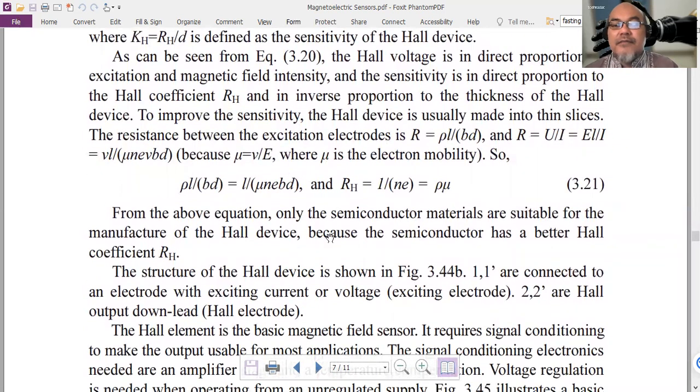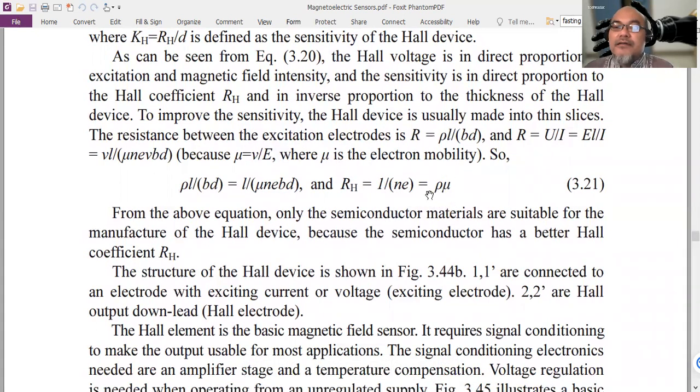Based on this, usually only semiconductors are suitable for manufacturing Hall devices, because the semiconductor has a better Hall coefficient R_H, with higher resistivity rho, and mu, the electron mobility, is also quite high.